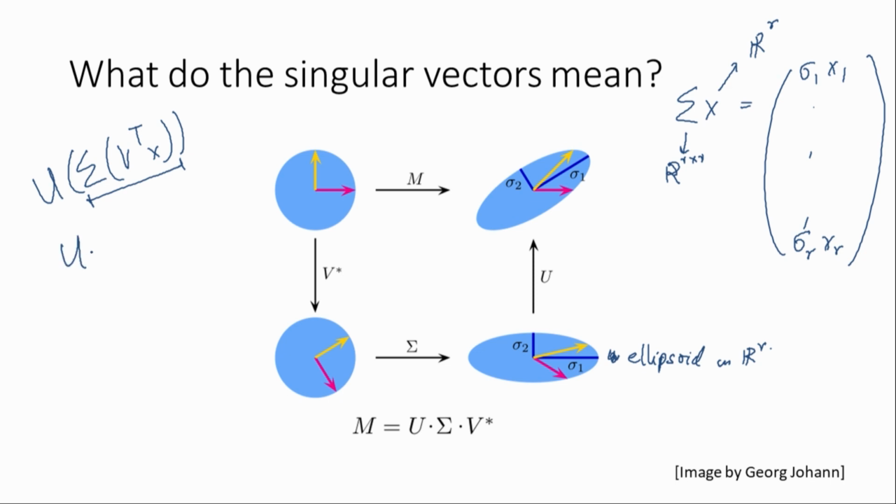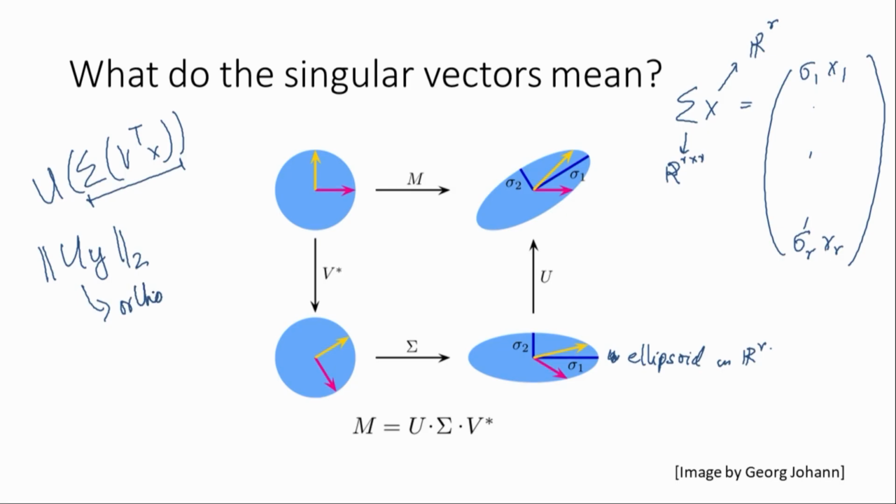So I have to consider what happens to, let's say, U of y. What is the norm of U of y with respect to the norm of y? Remember, U is an orthonormal matrix. What does that mean?